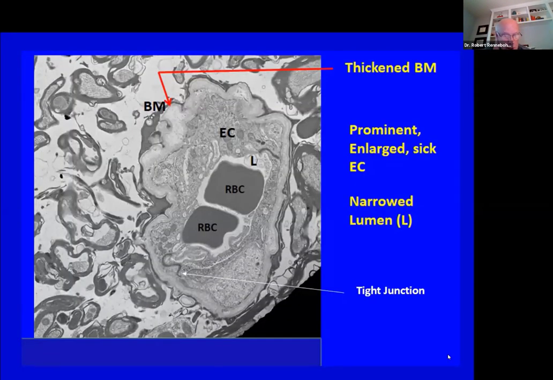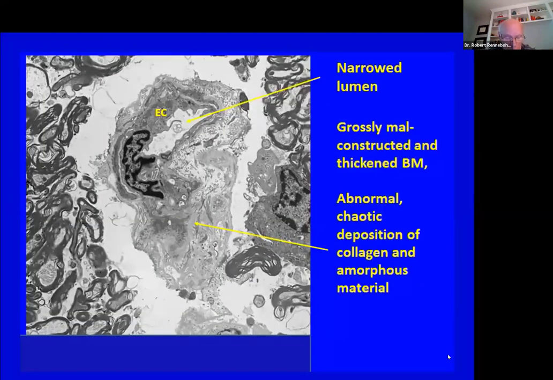Here's an EM image of an abnormal capillary in Susac syndrome. Note the grossly thickened basement membrane, the enlarged sick endothelial cell, and the relatively narrowed lumen, which happens to have 2 red blood cells in it. Here's another example of a capillary in Susac syndrome. The basement membrane is grossly mal-maintained, mal-constructed, and thickened.